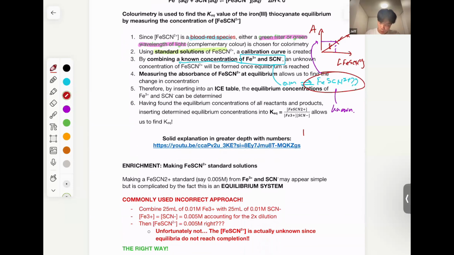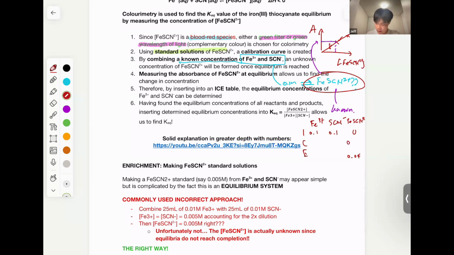And taking this all into an ICE box, where Fe3+, SCN-, and FeSCN2+, say this was 0.1, 0.1, and 0, and say that you found the concentration was 0.04 at equilibrium. Now it's as simple as solving your KEQ question from before.